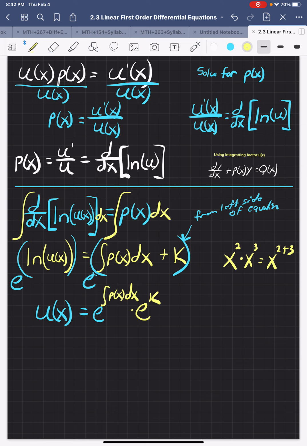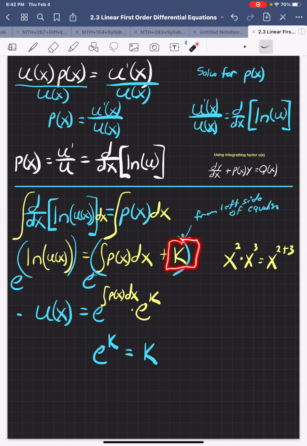All right, and now for e to the power of k, we're just going to make a substitution. Okay, I need to make sure you understand. This is like c, right? Plus c. I have no idea what c is. I have no idea what k is.